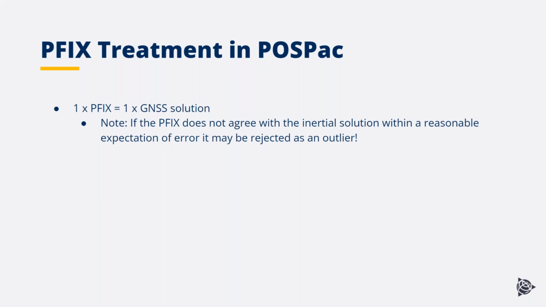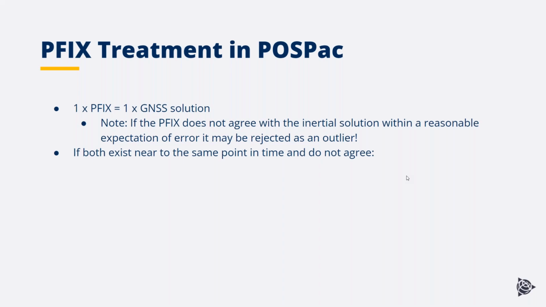As with the GNSS solution, if the Pfix information does not agree with the inertial solution, so the IMU-based trajectory, within a reasonable expectation of error, it may be rejected. So the Pfix should still make sense from the other sensor perspective. So you cannot have a Pfix which is saying that our trajectory should be 500 meters away because that is not within the expectation of an error.